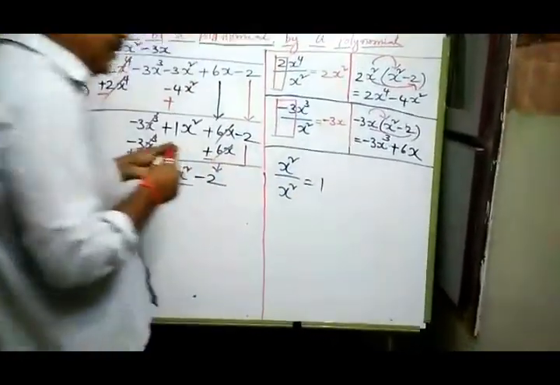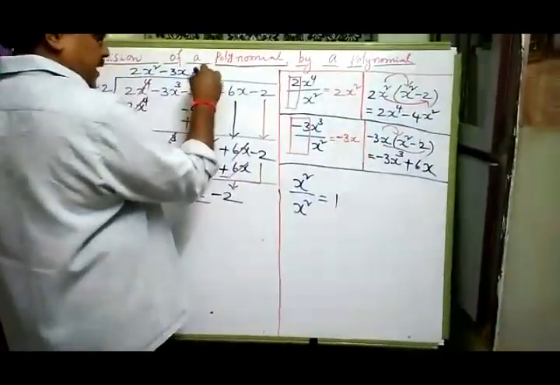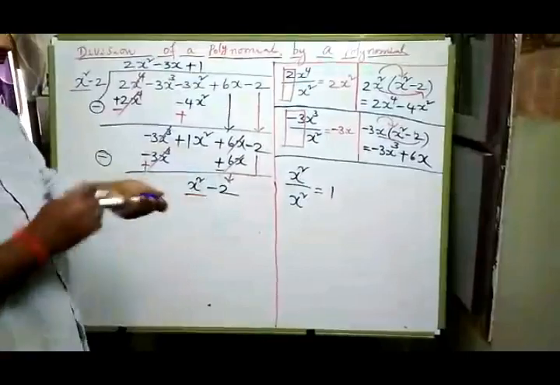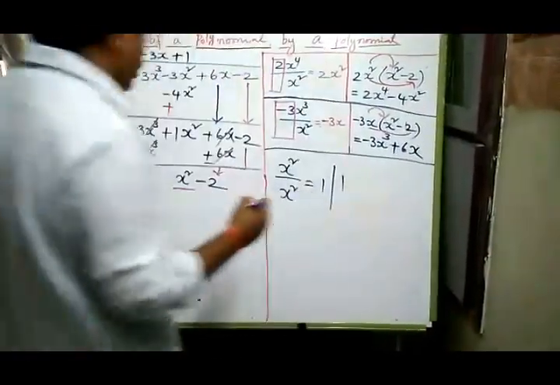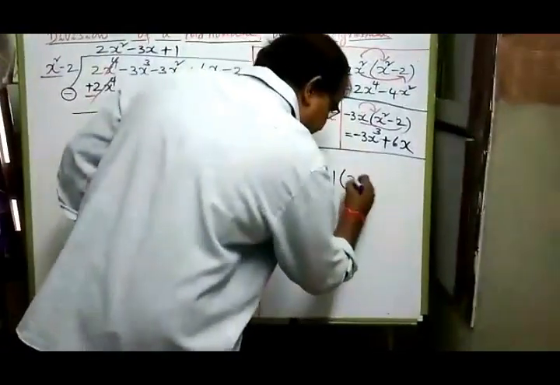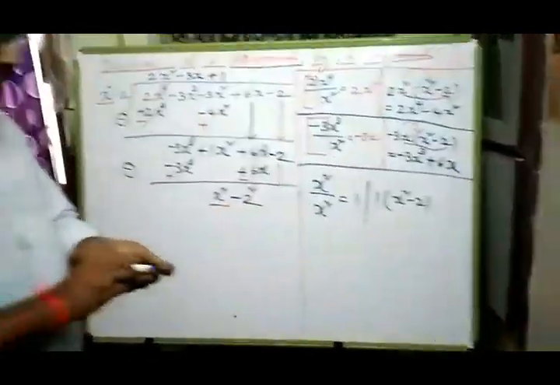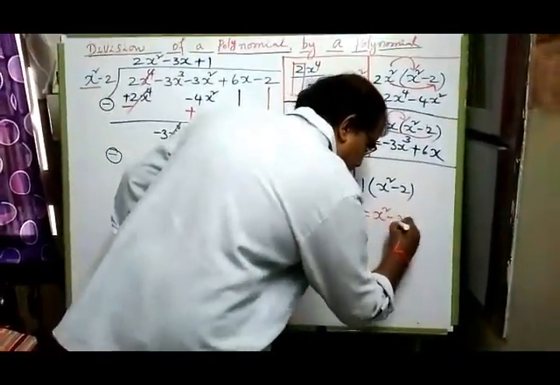This is the partial quotient, plus 1. Now the full quotient is maybe 2x square minus 3x plus 1. So this partial quotient 1 into divisor x square minus 2, simply 1 into anything is the same thing, so directly you can write x square minus 2.